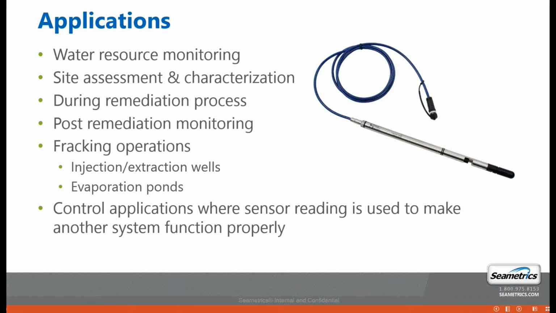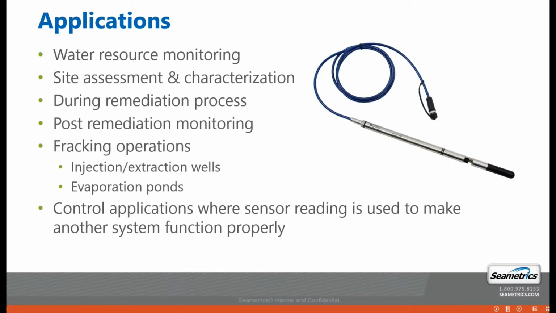Site assessments and characterizations, we use that mostly if we're going in to be building housing developments and things like that. We want to make sure that there's enough groundwater, hopefully, to support those, if not what we need to do to bring the water into those places.